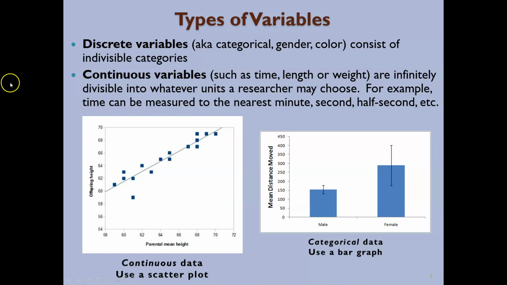Now let's talk about what types of variables are used in statistics. There are discrete variables, and then there are continuous variables. Discrete variables are categorical. You can break that variable into categories: gender, male and female.